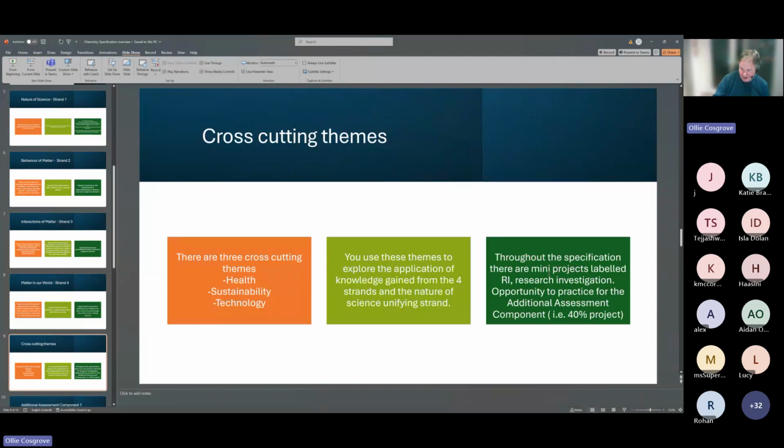And I mentioned this earlier, throughout the specification, you'll see little mini projects labeled RI. So EI for experimental investigation, what we commonly would just call an experiment, and then RI for research investigation, which is just an opportunity to practice for the additional assessment component, which for us, they call the chemistry and practice investigation.